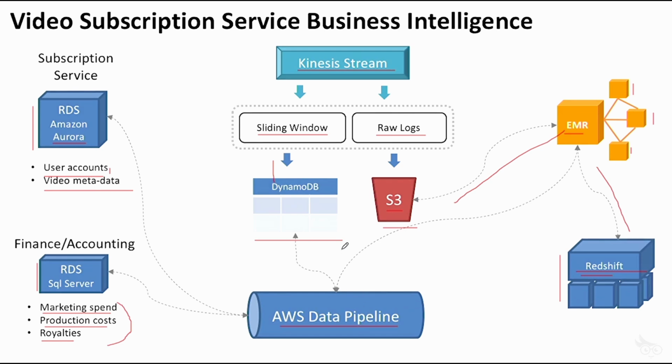So again, you can see this is just one more example of the many, many ways that we could possibly put all of these various services to use to analyze a very large amount of data very easily within Amazon Web Services. So that is just one example of video subscription service business intelligence leveraging multiple services in Amazon Web Services.